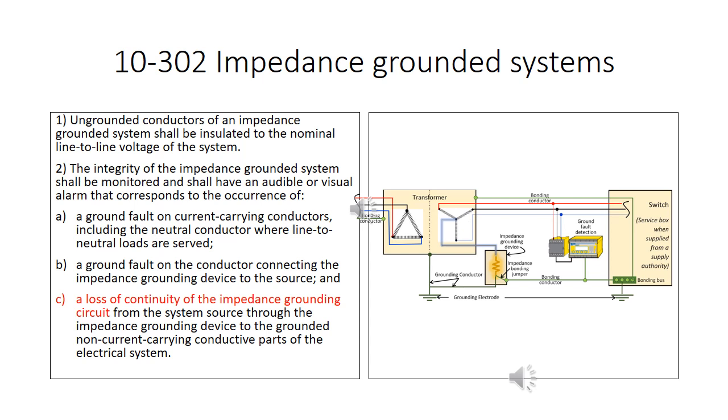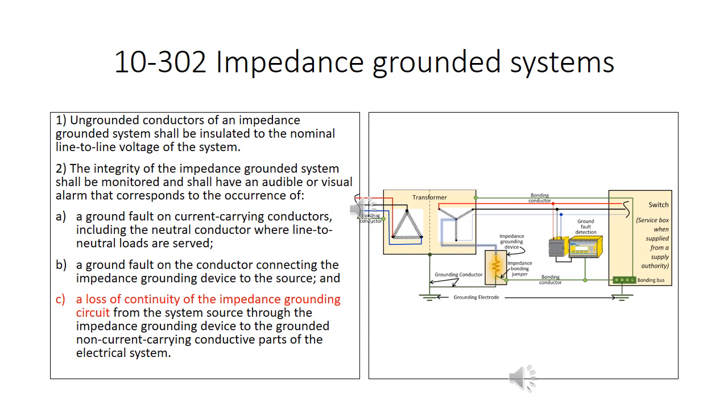10-302. Impedance grounded system. Ungrounded conductors of an impedance grounded system shall be insulated to the nominal line-to-line voltage of the system.